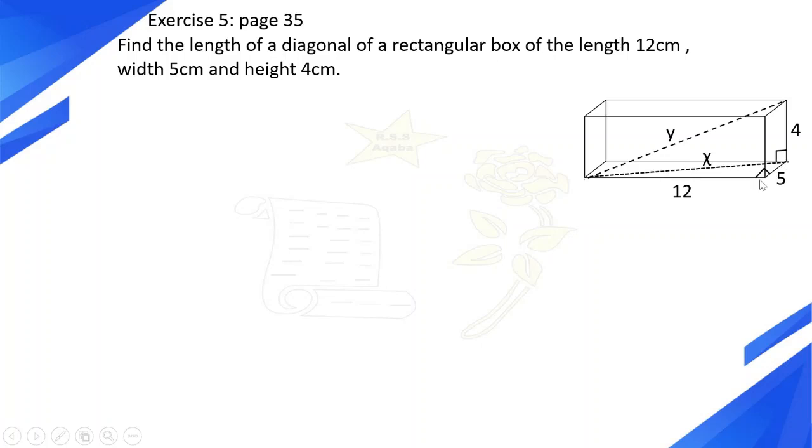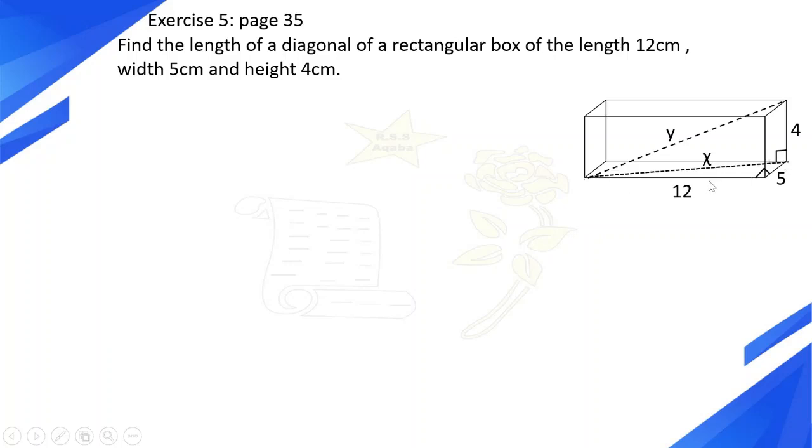Now we have a right-angled triangle, and x is the hypotenuse of this triangle. It's the longest side.